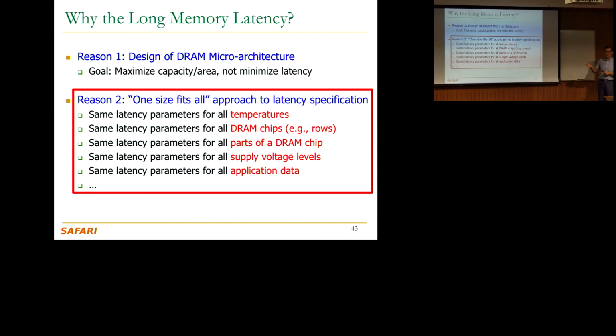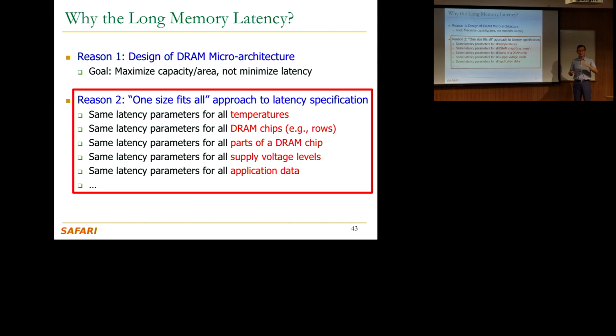So let me give you the second reason where we're wasting latency. Some of the ideas that we're going to cover may be easier to adopt relatively quickly. The second reason is the one-size-fits-all approach that we have to latency specification today in DRAM.